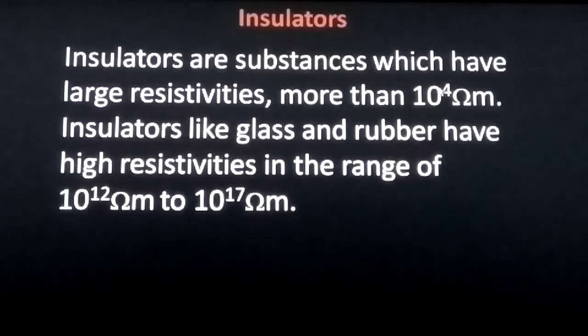Therefore, they do not allow electricity to pass through them, or they oppose the flow of electrons. So they are called insulators. Some examples of insulators are glass and rubber. Glass and rubber have high resistivity, in the range of 10 to the power of 12 ohm meter to 10 to the power of 17 ohm meter.